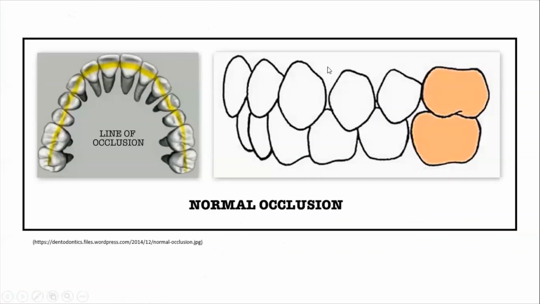So in this picture, you can see the nice U shape of the line of occlusion going over the maxillary arch. And then you can look at the mesiobuccal cusp of the maxillary first molar, and it fits right into the groove of that mandibular first molar.